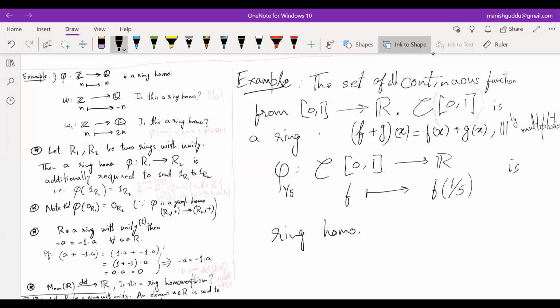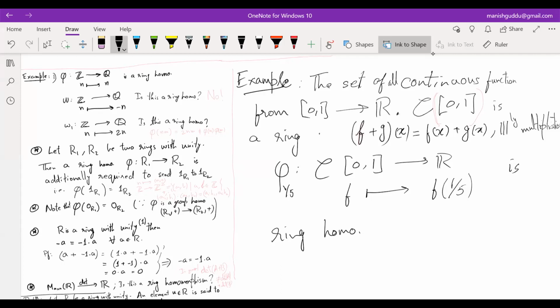So it may look like I've done something fancy. So here you need not consider continuous functions. Even if you consider the set of all functions from [0, 1] to R, and you do this operation, it's still a ring. And this will still be a ring homomorphism. It's just that if you look at continuous functions, or functions with more reasonable properties, then they are more interesting rings.